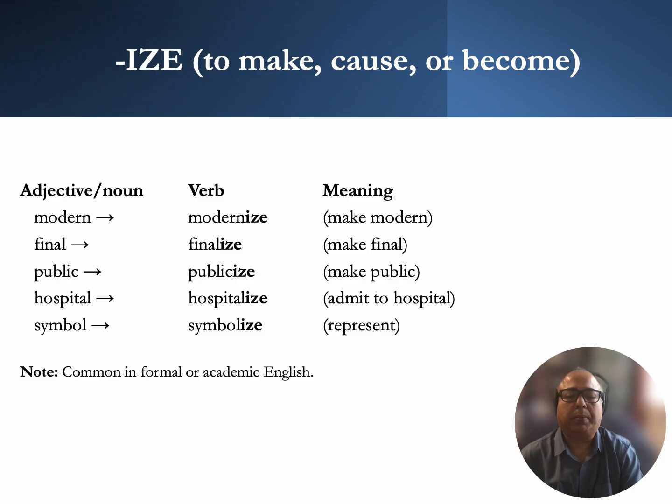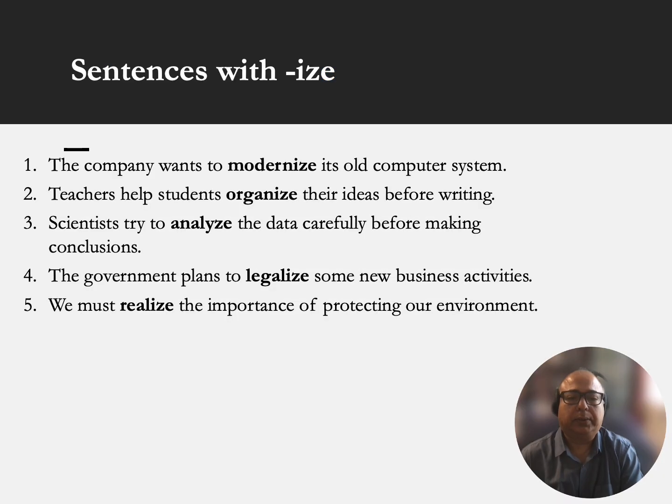These are very common words in academic English. Students use these verbs in their writing. So again I've given you some sentences because it helps to see these verbs in sentences so you learn how to use them. The company wants to modernize its old computer system.